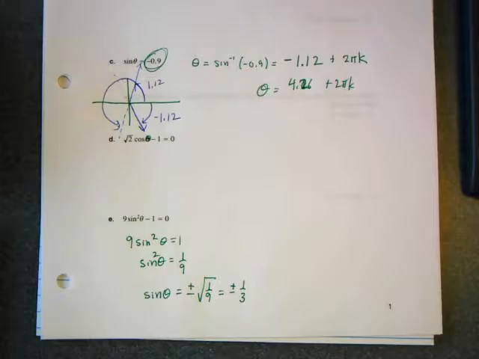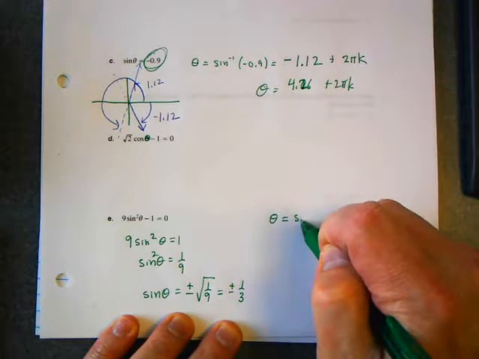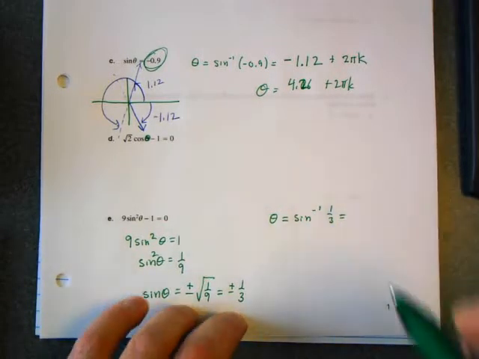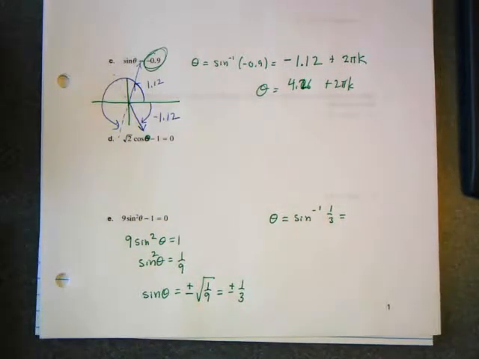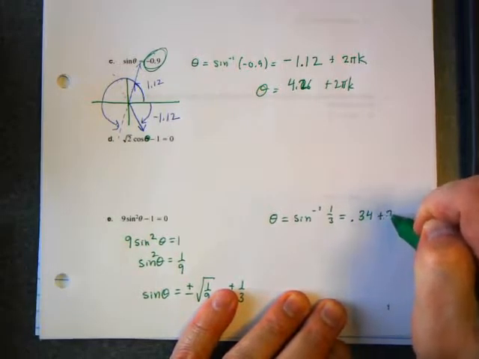1/3. Is that one of the special numbers that we've memorized? Nope. So I guess I have to do sine inverse. So theta is sine inverse of 1/3. And my calculator says 0.34 plus 2 pi k.